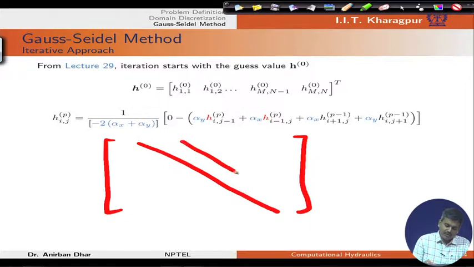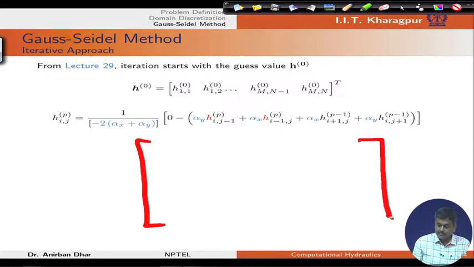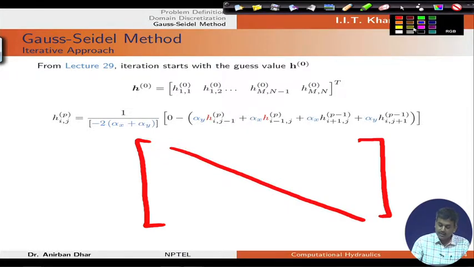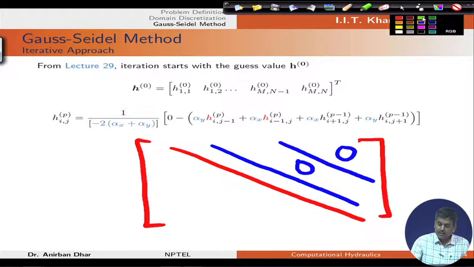So, whatever value is there on the upper side, and we have the lower side values.